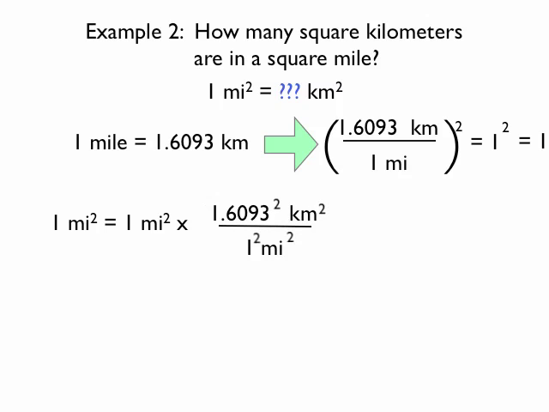We distribute the square. The square miles cancel. And you can do the 1.6093 squared on a calculator to get the final answer that 1 square mile is 2.5898 square kilometers.